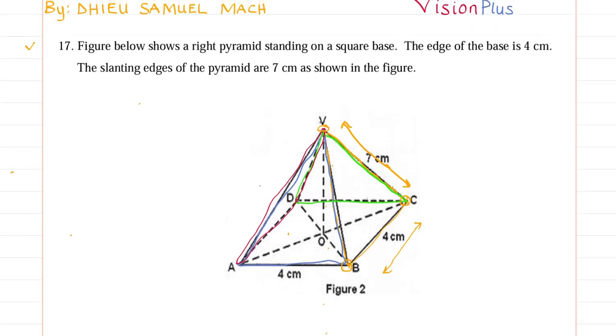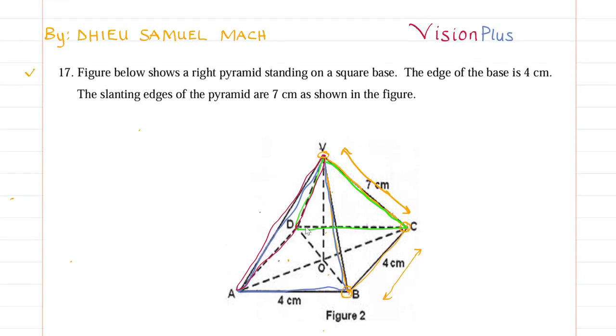A quick summary: 1. Get the area of the base, which is a square in this case. Now, if the base is a square, it means the slanting surfaces are identical. So you simply extract one of the slanting surfaces, find its area, and then it is the same area for the other 3 slanting surfaces.